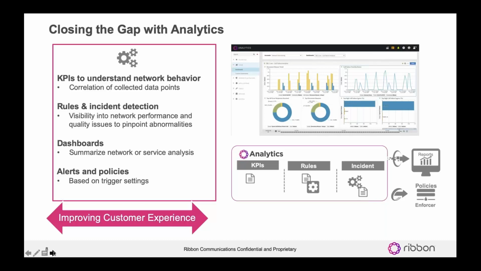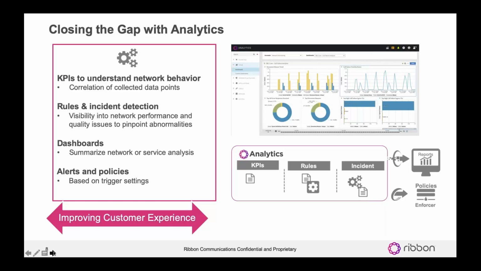And then as you go down the road, you need to be able to build at least some type of rules, or create incidents to be able to detect what is happening in the network. So you need that visibility to help you pinpoint any type of abnormalities. Is a particular trunk group saturated and congested? How do you know that?